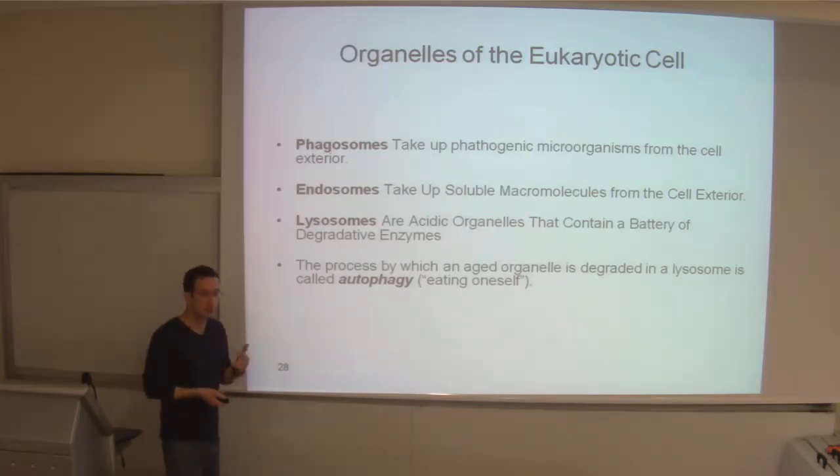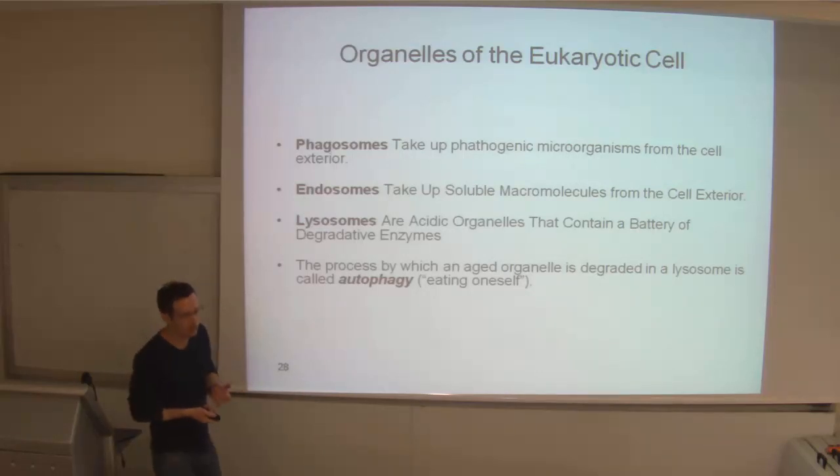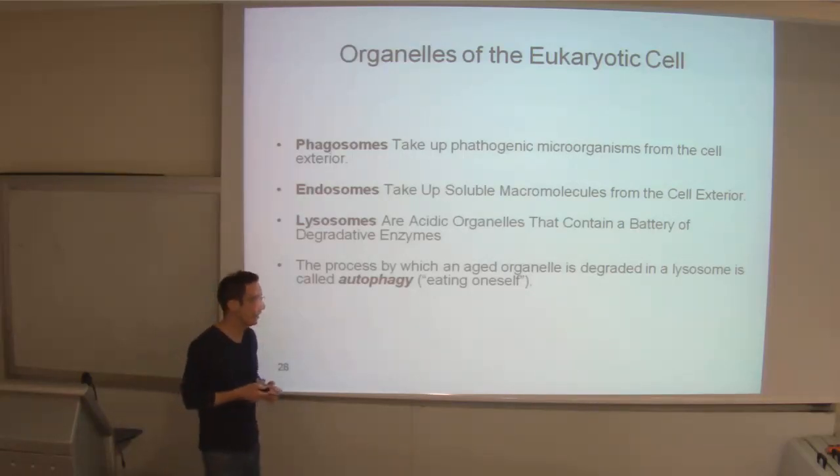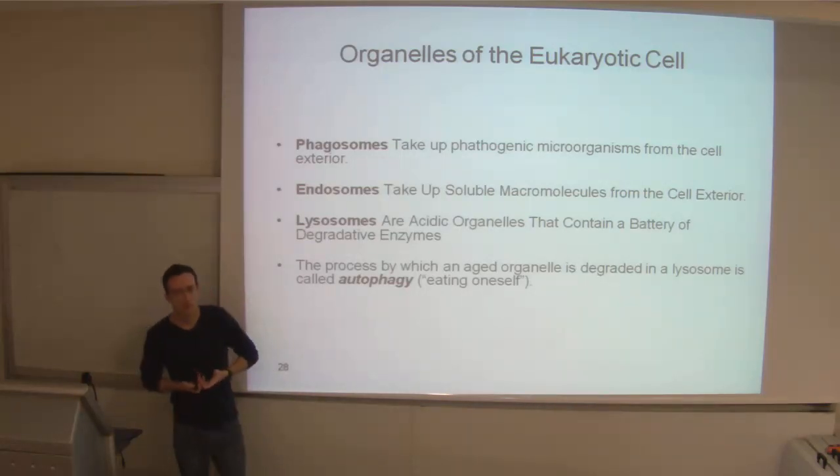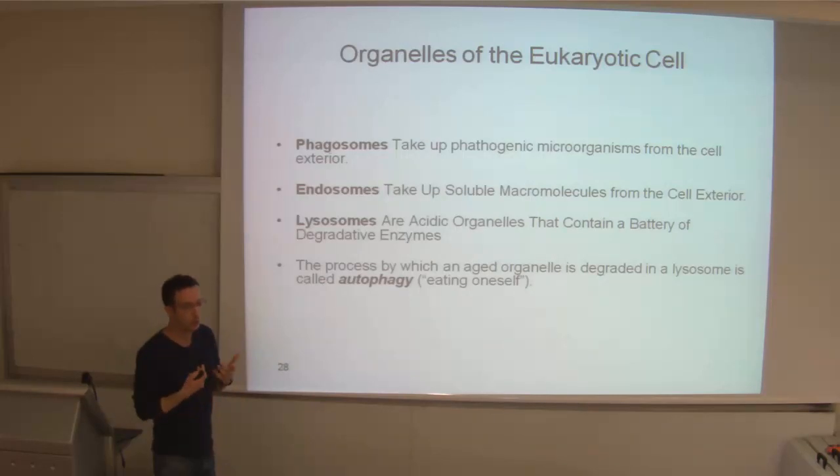And just recall that cytosolic proteins, and actually also nuclear proteins, are degraded not by the autophagy process, but in proteasomes, which is the endpoint of the ubiquitination process, which was discussed.